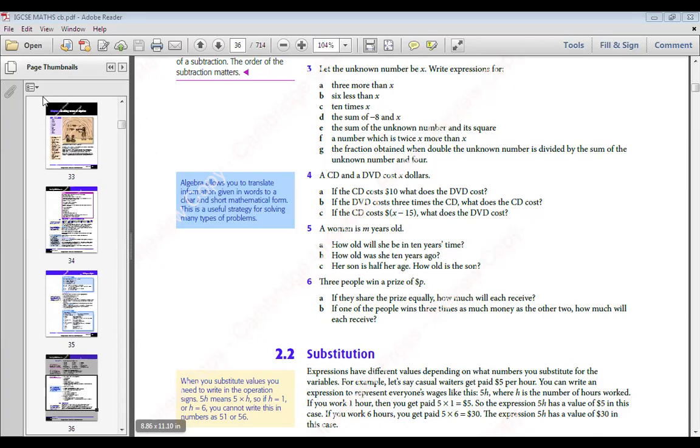I'm writing the answer directly. Then Sagnik will ask us to write the steps. Now her son is half her age. How old is the son? Present age m by 2, half of the present age.